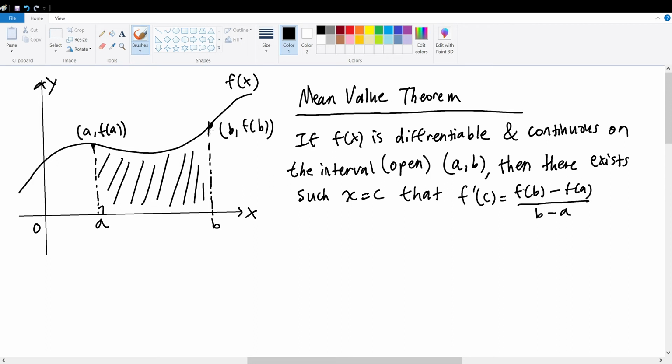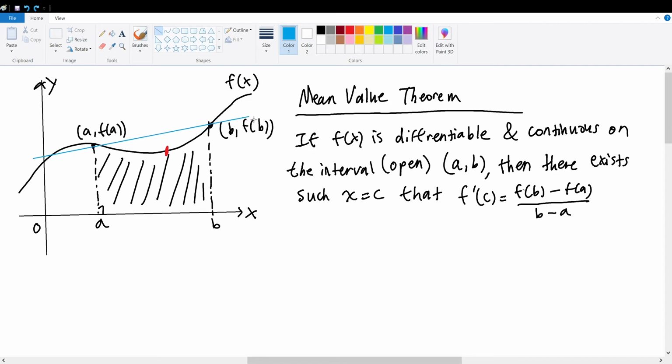What it means is that there exists a point on this line, which I'm going to mark in red. There exists a point right here, for example, such that the secant line that passes through a comma f of a and b comma f of b will have the same slope as the tangent line at that point.